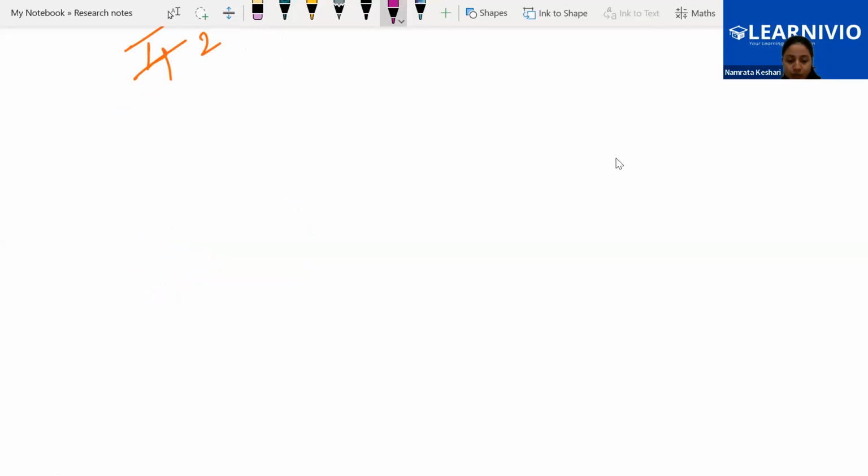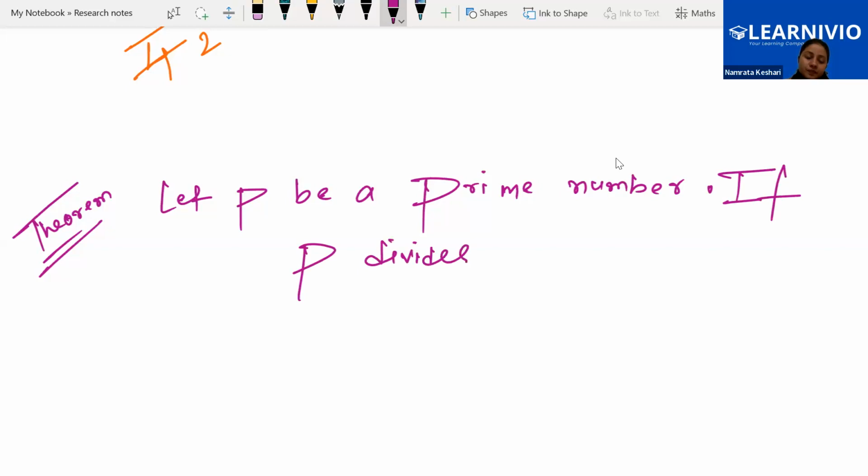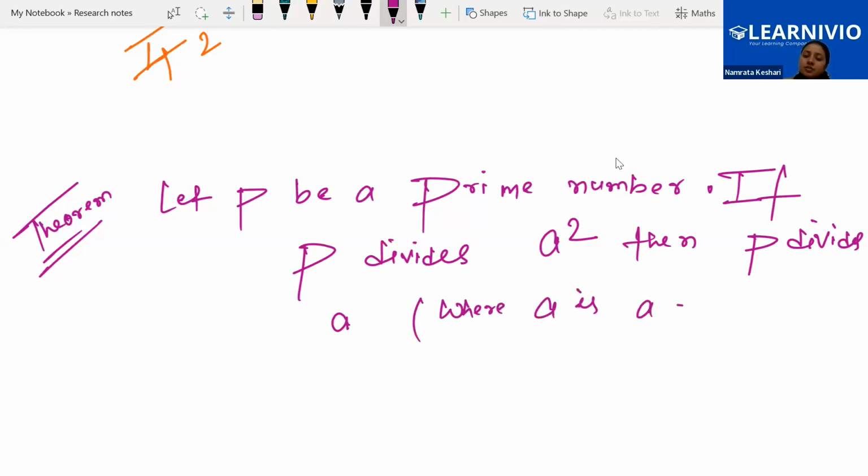Now we have one theorem. The theorem says that let P be a prime number, if P divides A square, then P divides A, where A is a positive integer.